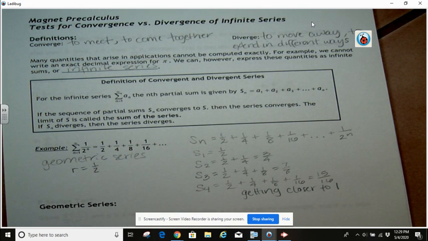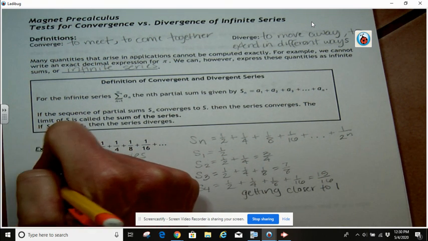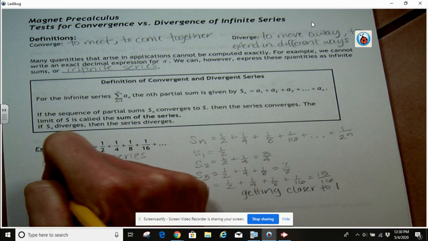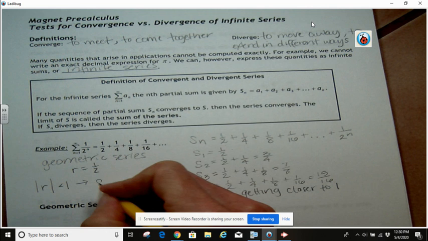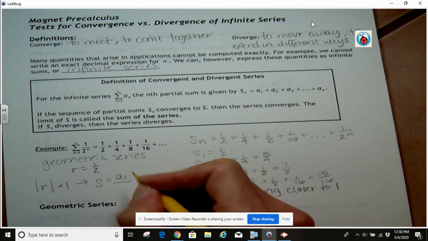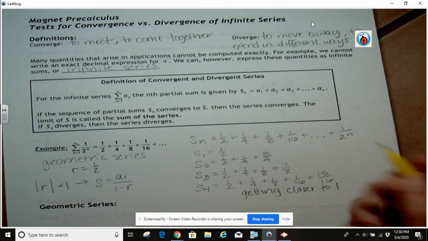And so when we did the review last week, there was an infinite geometric series, and there was a formula that goes along with that. But before we applied the formula, first we had to look at the value of the common ratio. And if the absolute value of the common ratio is less than 1, then we can proceed on to the formula, which is the sum is the first term divided by 1 minus the common ratio.